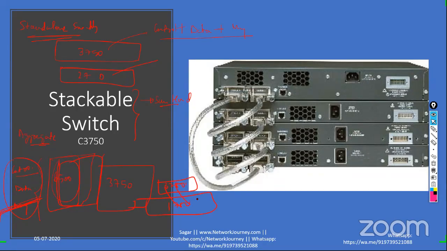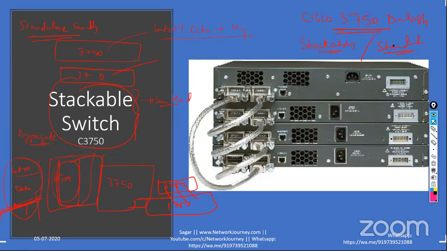There should be a single piece of hardware, and some devices have this capability and some do not. So you should read the data sheet. If you type Cisco 3750 data sheet on Google, you will get the entire data sheet where it will say that these switches can be used as stackable. Also, they can be used as standalone.